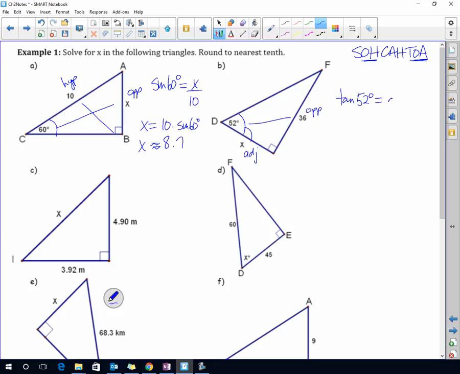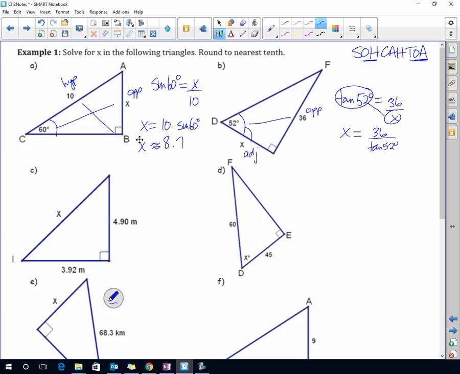So we get x is 36 divided by tan of 52. It's the magic of cross multiply. And so then we will now punch this into our calculator. I'll give you a moment to try that. And we get approximately 28.2.